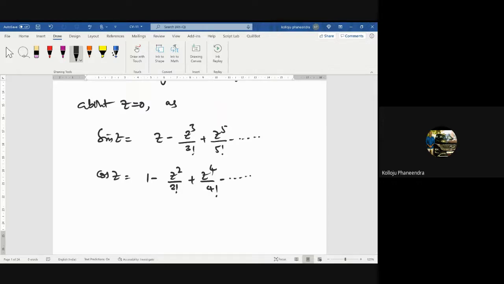And how to calculate this one? Just roughly, for example, f of z equal to sin z.